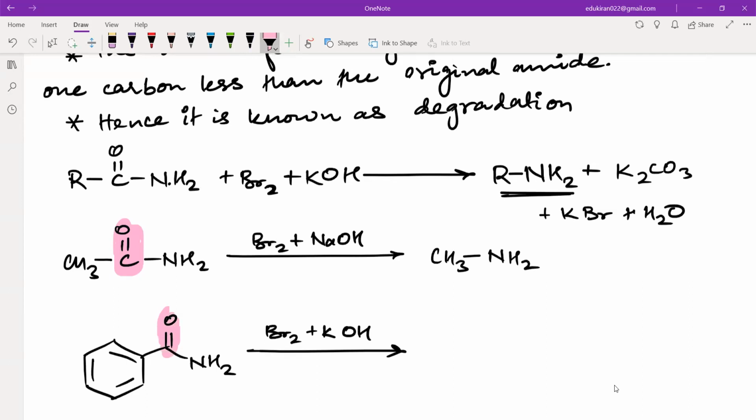The carbonyl carbon will be left out, and you will get aniline, with the carbon directly bonded to NH2. This is your aniline. So understand what you have to do? Yes or no? Yes, sir. All of you got this?